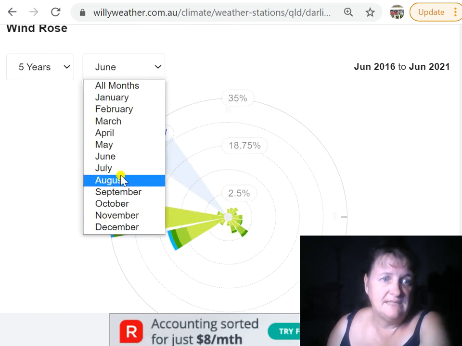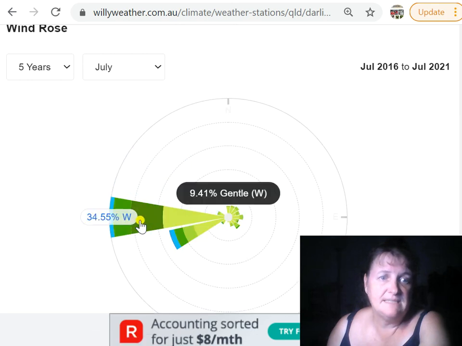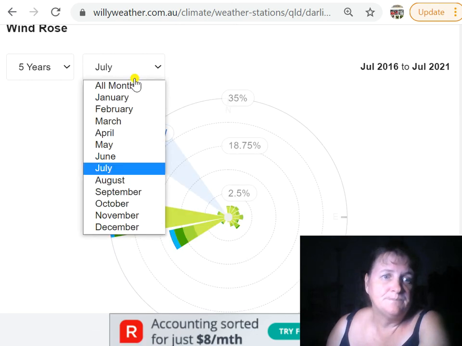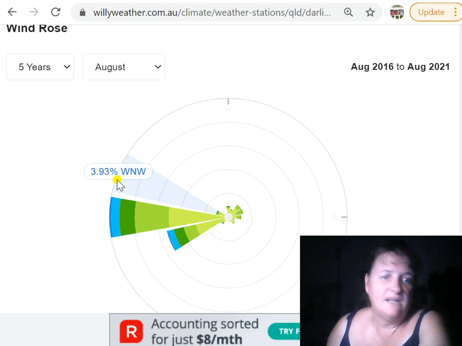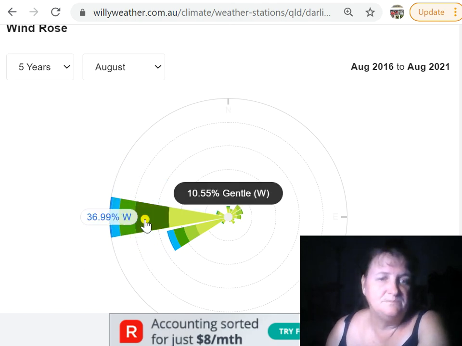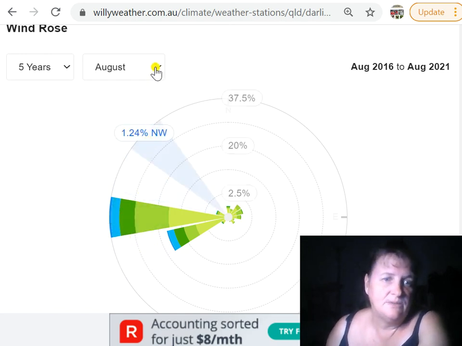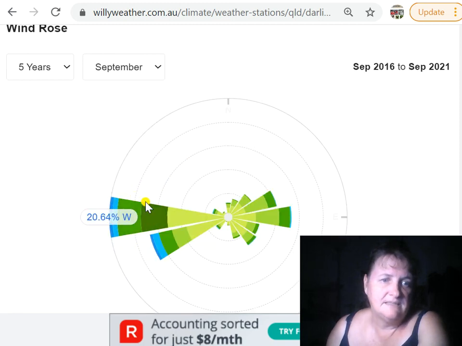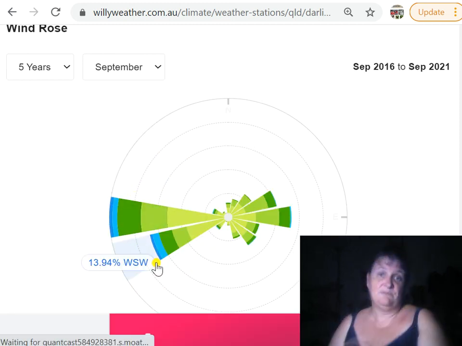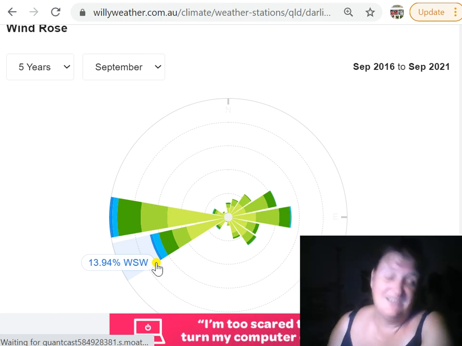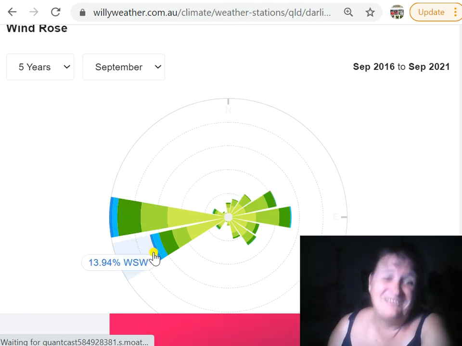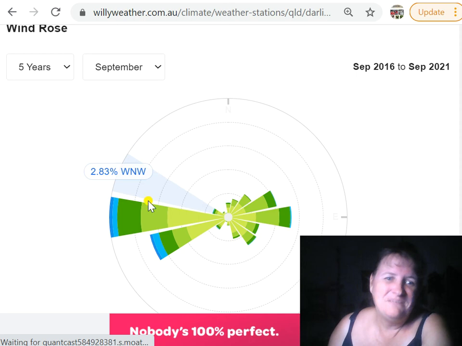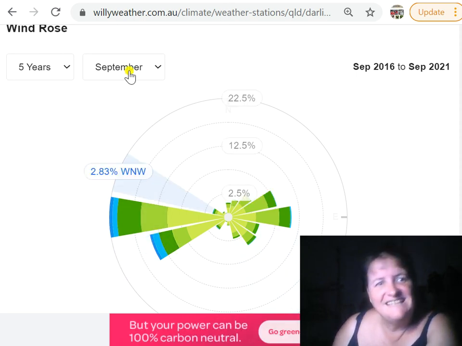So in winter, we've got predominantly westerly winds. August, I found this really fascinating. August, again, predominantly westerly winds. And of course, you've got the Eka around then, so it's always got the Eka winds, and they're westerly and southwesterly. But you can see it's starting to come back around again.